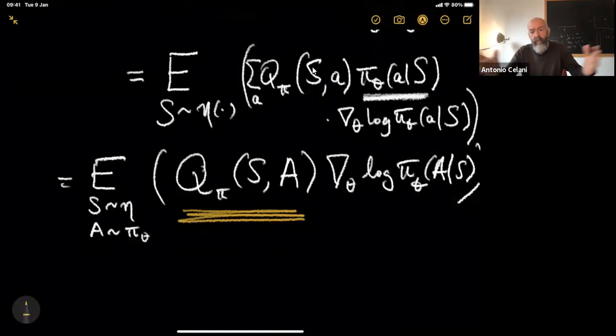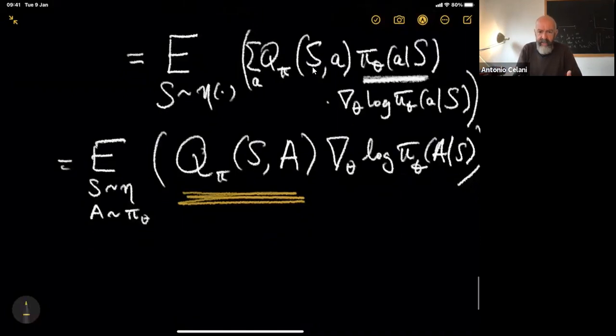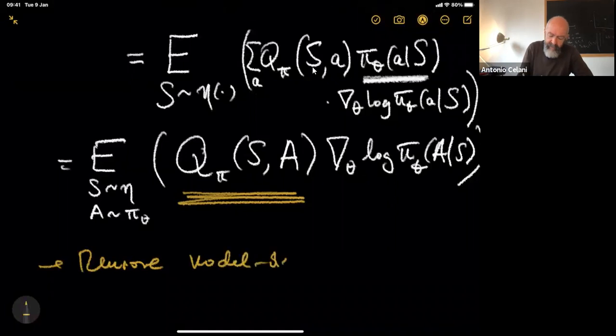And here there are several directions in which we can go from here. Okay, so the key step that is left to say is just to remove model dependence in Q pi.